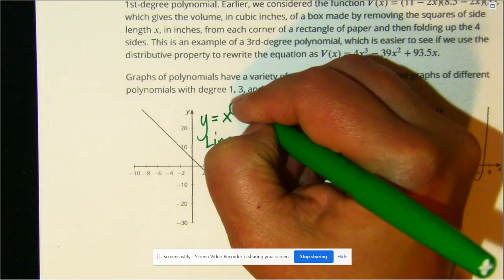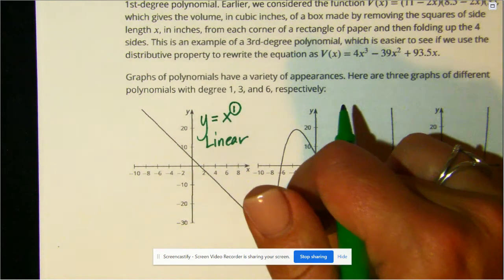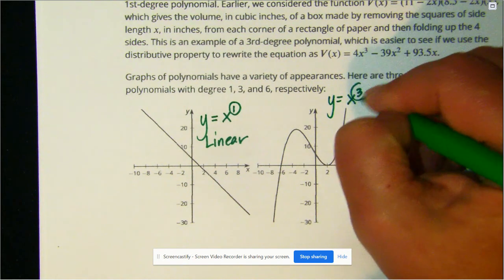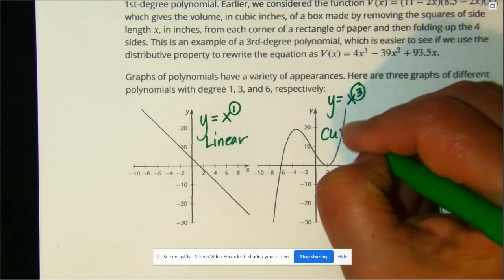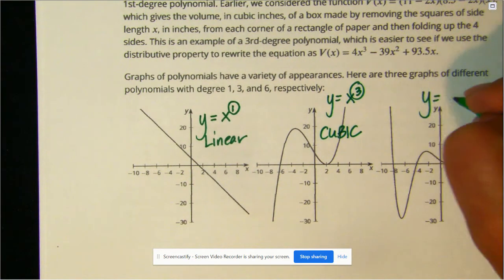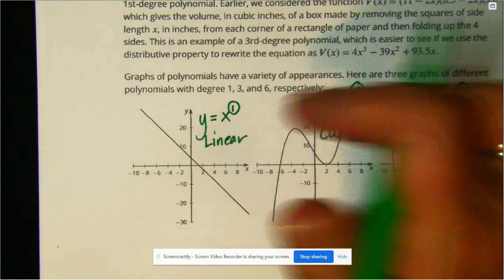First degree. This one is a cubic. Third degree. It's called a cubic. This one is a 6th degree. You do not have to memorize these by now, okay? And that doesn't really have a special name like these do.